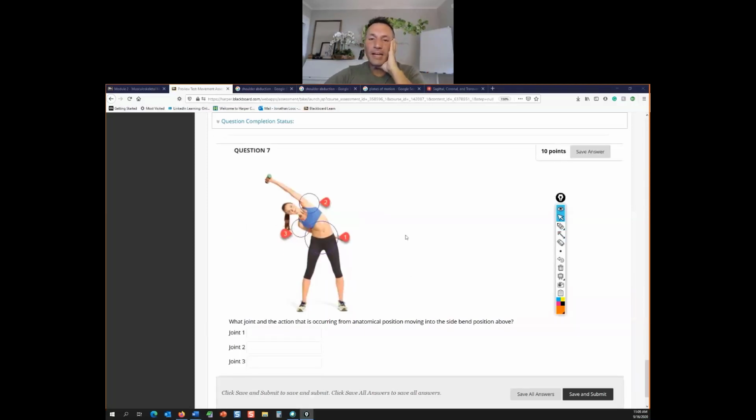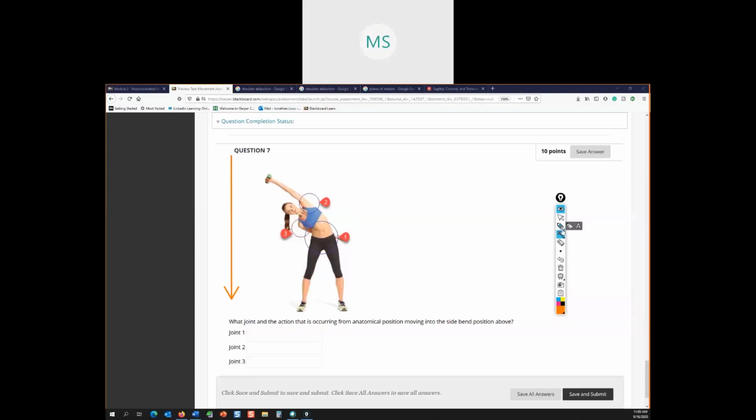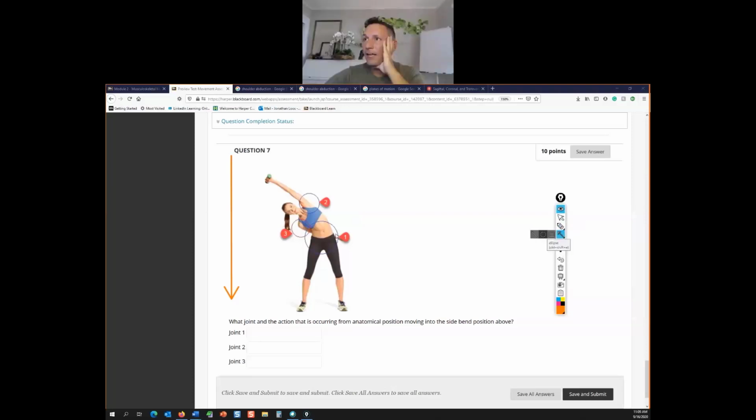Okay, so what plane of motion are we operating in this exercise? Frontal plane. And we have an axis of rotation right here, an axis of rotation right there, and we have an axis of rotation right there that we're analyzing.